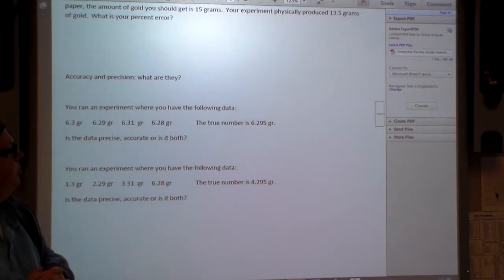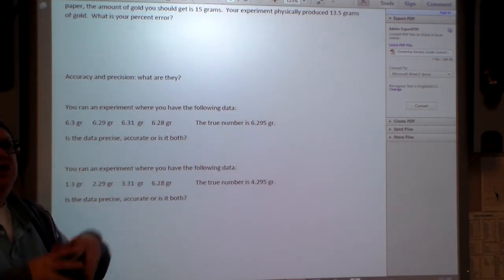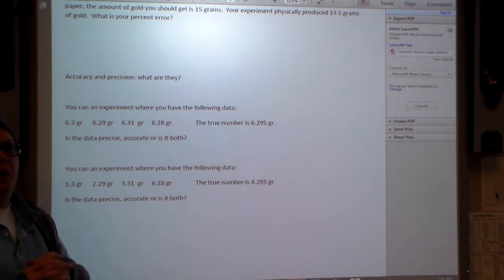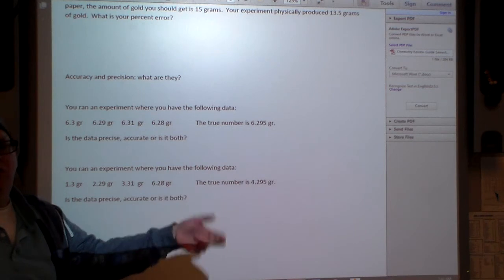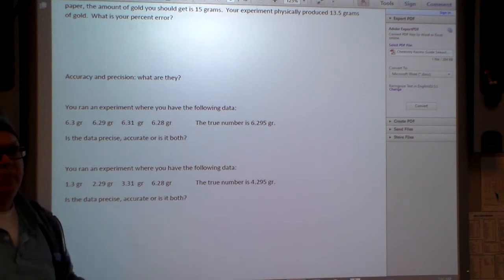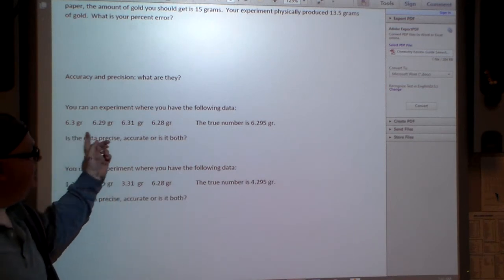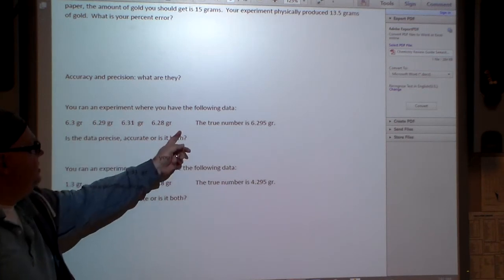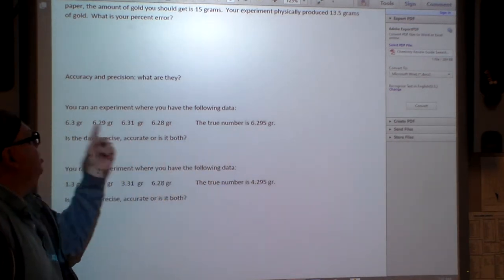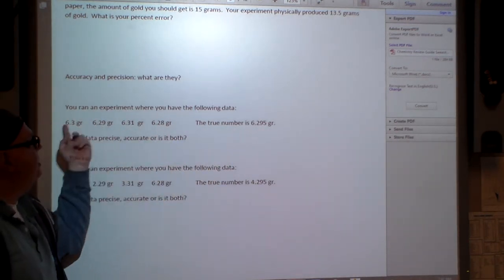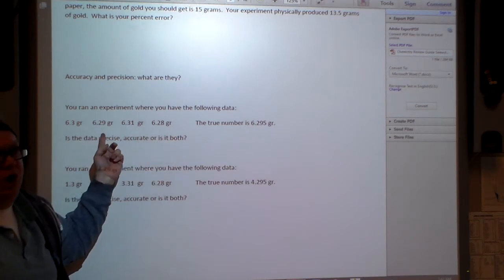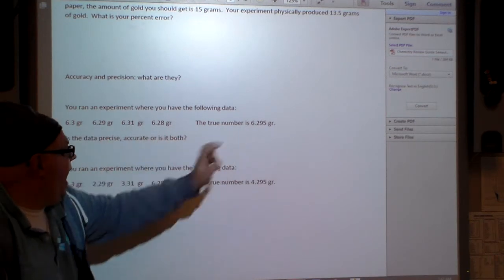Accuracy and precision, real fast. Precision is how close your measurements are. Accuracy has to do with how close are you to the true value. So in this case here, we look at these, and here's our true number. They're precise because the numbers are pretty close to each other, and they are accurate.